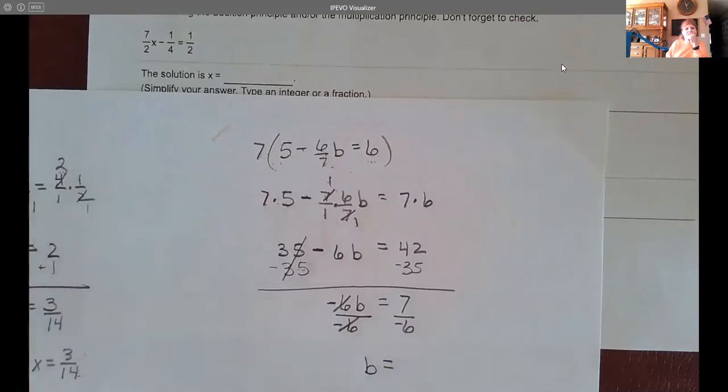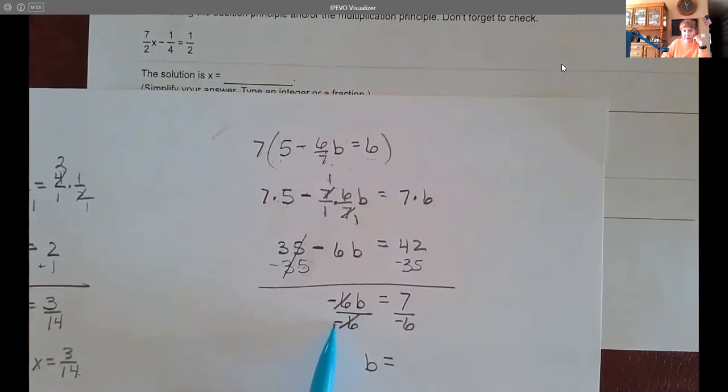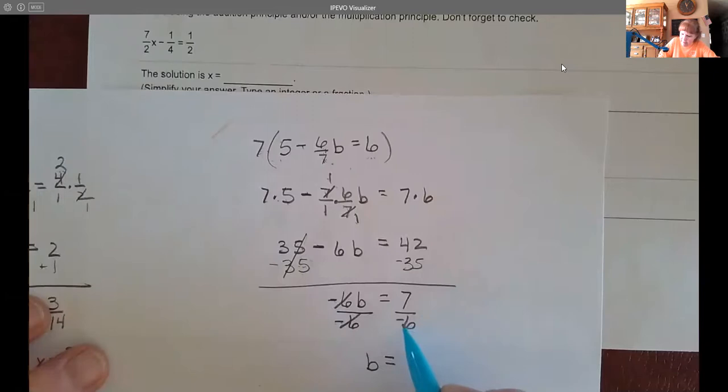A negative over a negative is a positive because you have 2 negatives and 2 is even. So when you have an even number of negatives, it's going to be a positive. So we have a -7 over 6. 6 can't be reduced, but I think I might put the negative up on the top with the 7. It doesn't matter where it happens.